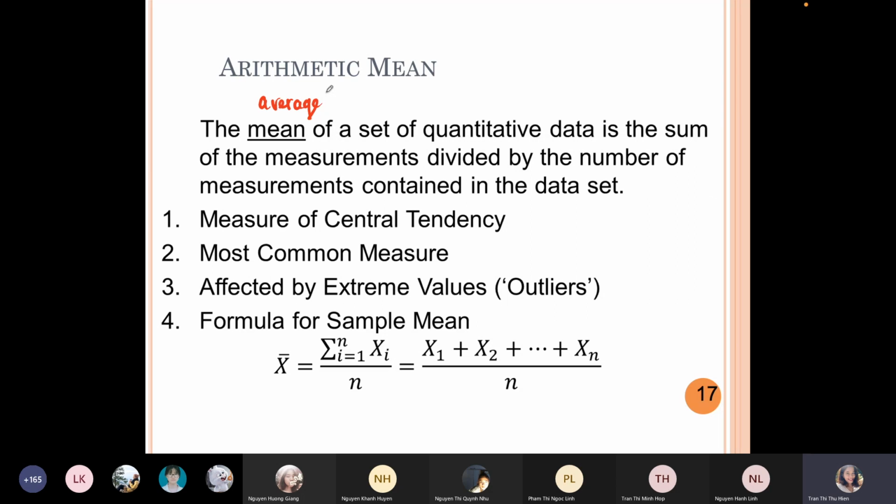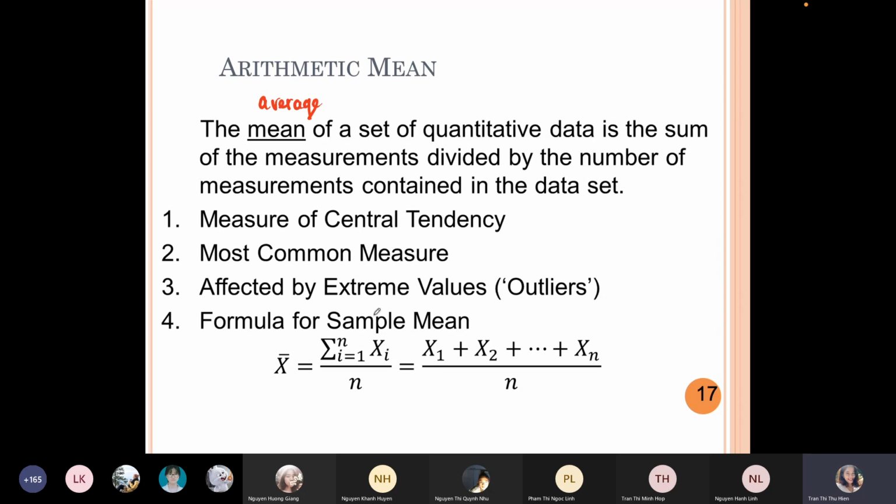It is the sum of the measurements divided by the number of measurements contained in the data set. I think it is very familiar to all of you. And here is the formula to find the sample mean.